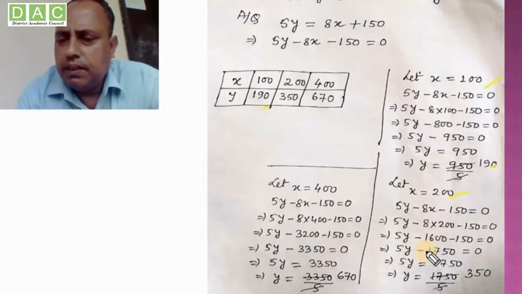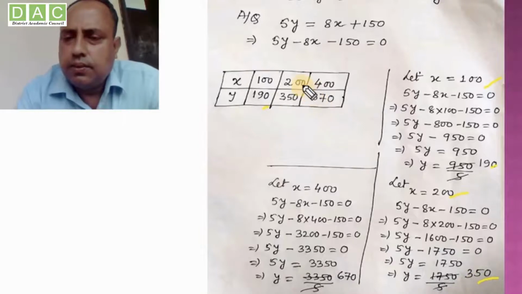Then 5y minus 1750 equals 0, since the 1600 is greater, the sign is negative. Then 5y equals 1750, and y equals 1750 divided by 5, which is 350. So another point, 200 and 350, we got.